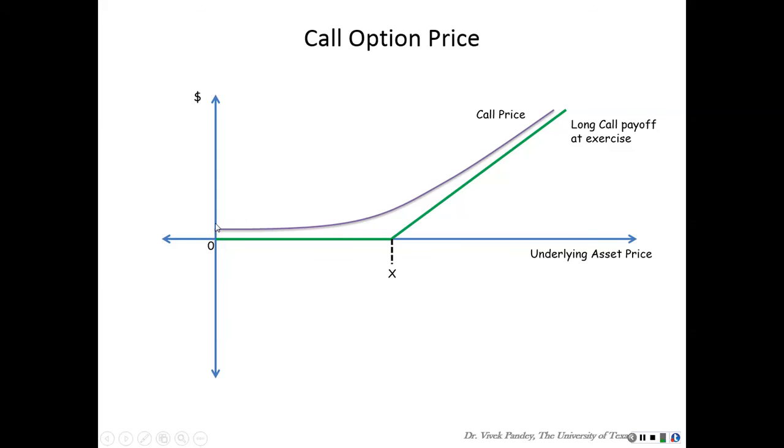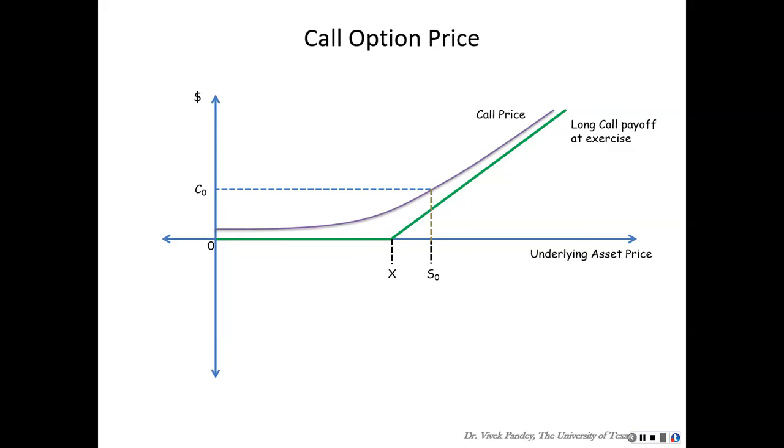But for the call price, you'll see that the biggest difference is when the option is at the money. It's called being at the money, which means the current stock price and the exercise price of the option are the same. So that's where the premium above the intrinsic value is largest. The green line is the intrinsic value of the option, right?